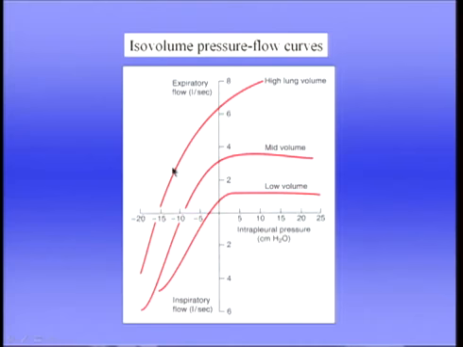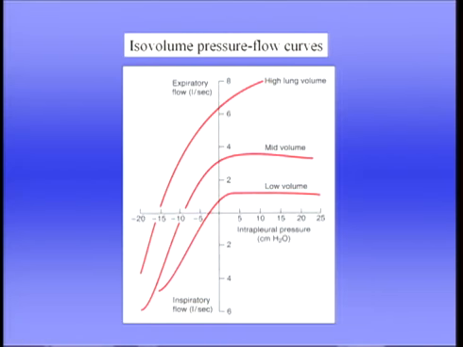Now the reasons for this can be clarified on the next image, and this is a little bit complicated initially. The important thing to realize about this image is that these curves here are not obtained from single expirations. The way these are obtained is that you have a patient during a series of expirations and inspirations, as a matter of fact, and you measure the flow rate and the intrapleural pressure at different stages of the inspiration.